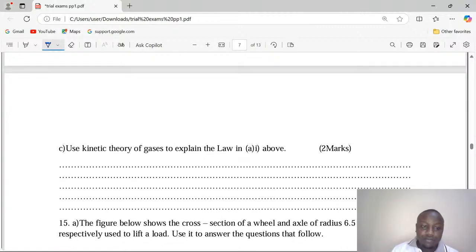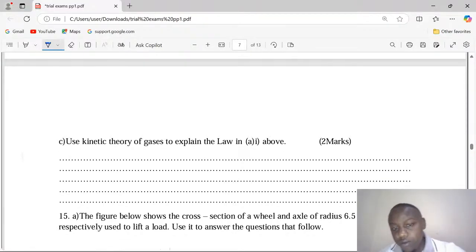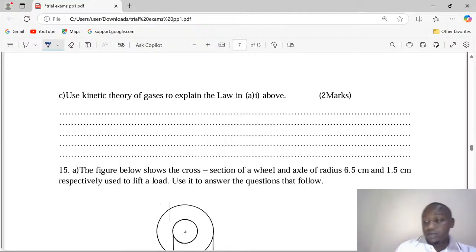We continue. Use kinetic theory of gases to explain the law that we have mentioned, Charles' law. Charles' law stated that temperature and volume are directly proportional.